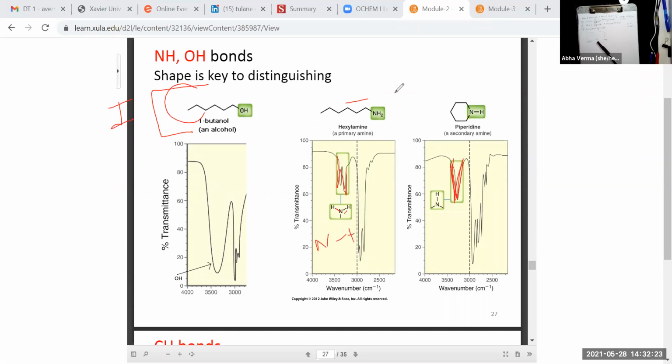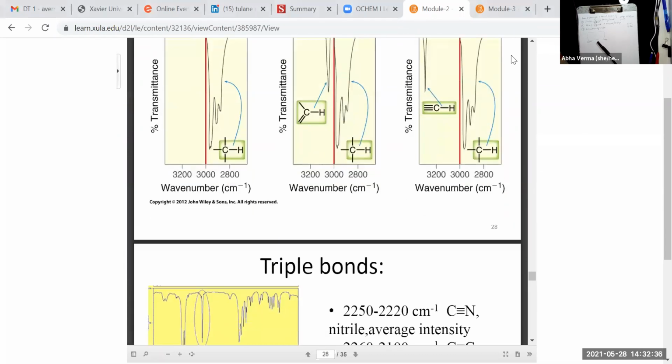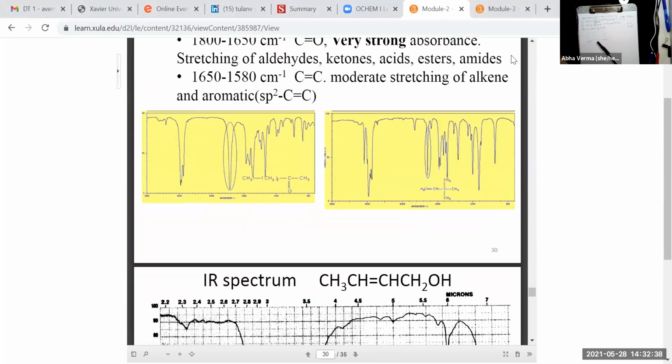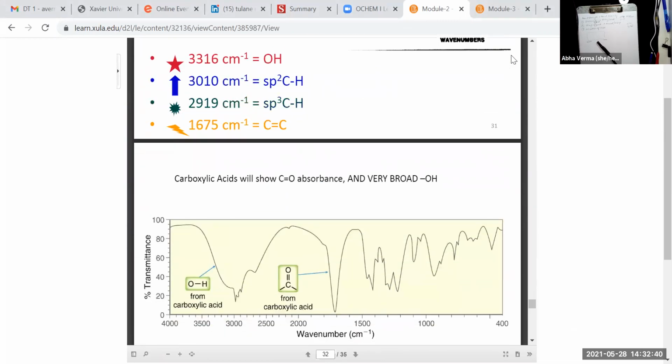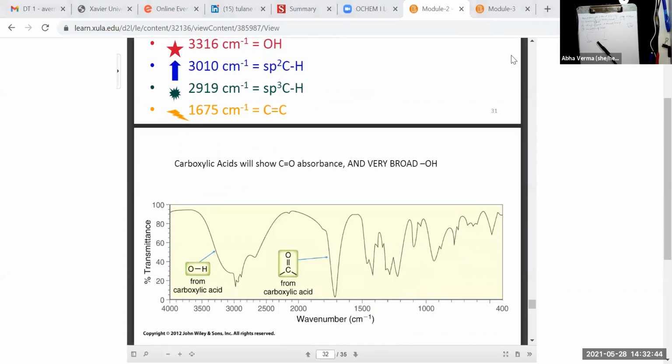Between NH and OH, OH is more polar, and hence you see a broader peak appear in region 1. Furthermore, the carboxylic acid will cover region 1 and region 2.